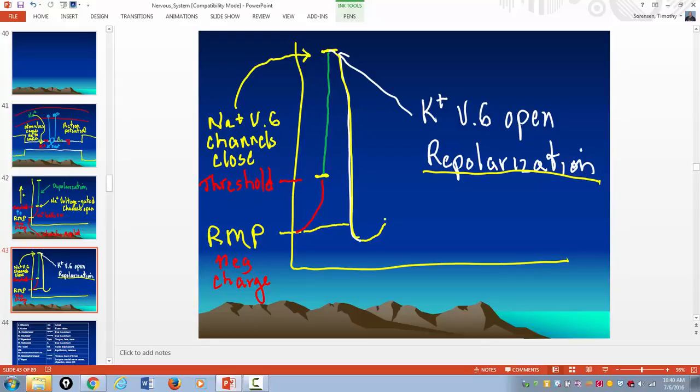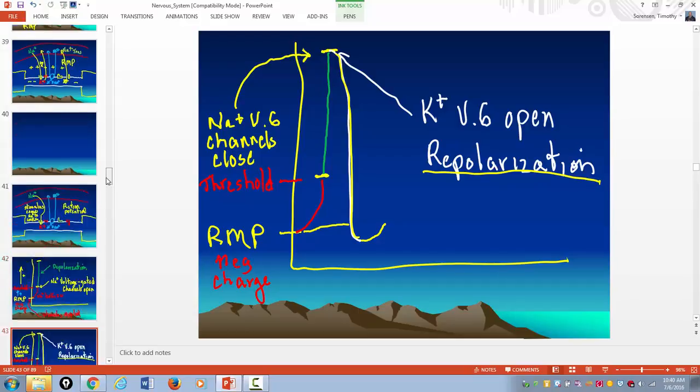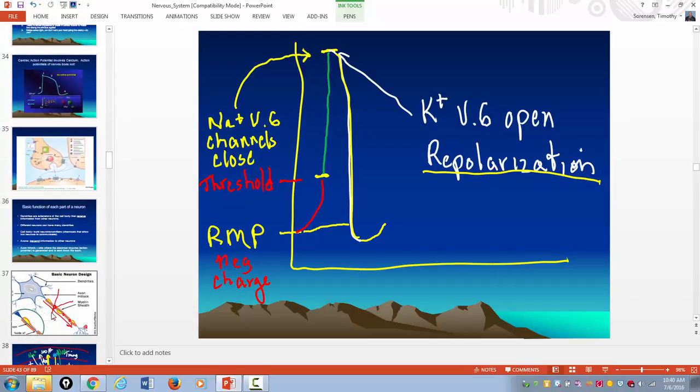So what's really important is to know that sodium is involved in the depolarization of nerves and potassium is involved in the repolarization of that nerve. So let me explain why that hyperpolarization is good.